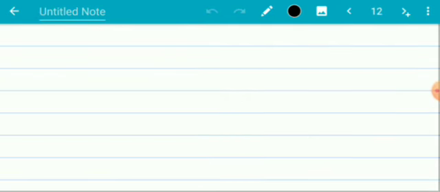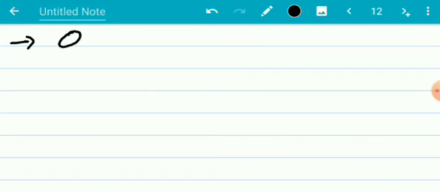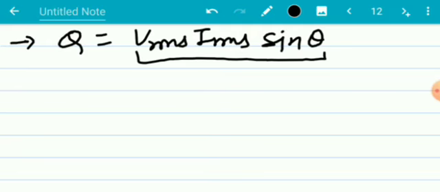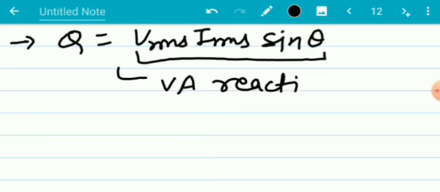Now we come to the reactive power, which is Vrms Irms sine of theta. This is our reactive power. This is measured in volt ampere reactive.